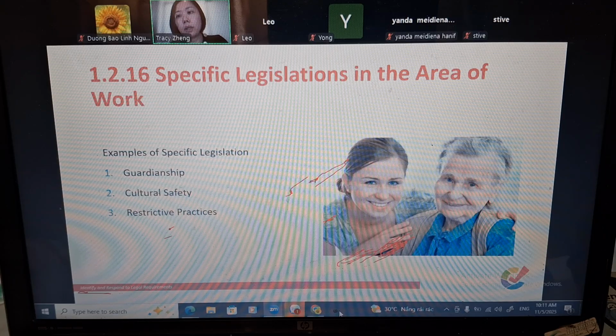They will only manage our clients' finances. For example, how the clients spend their money from pensions, and also their daily expenses in the aged care facility. So as the management team in the facility, they do need to liaise with the public trustee to apply for money, getting the money for the clients to use in the facility.